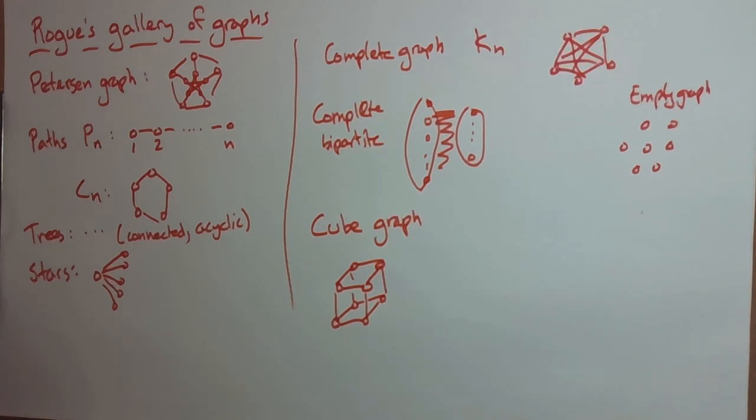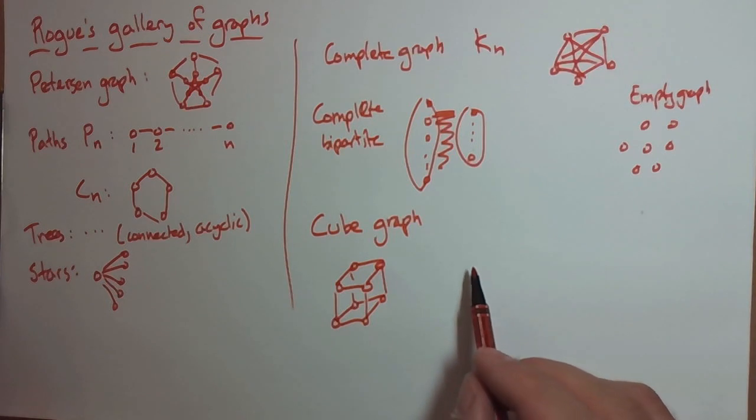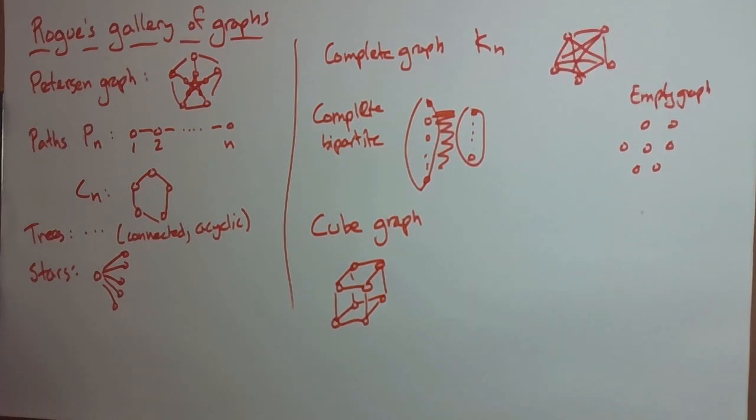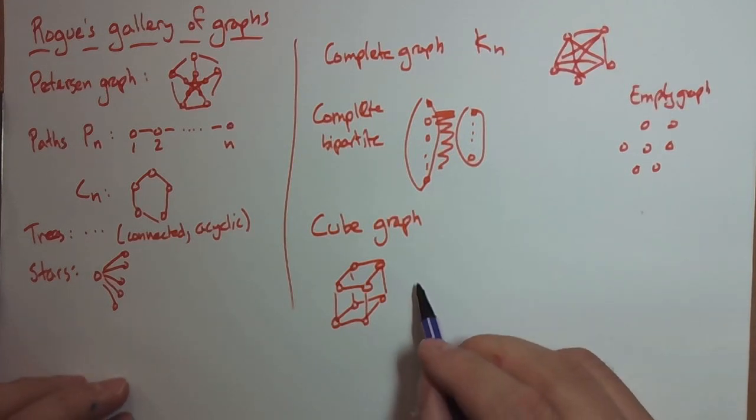It's a very technical term about when you can put something inside a hyperdimensional cube. So the cube graph is literally not just this graph on 8 vertices. There are many other graphs of all dimensions that you could draw, and we'll get into a formal definition of a cube graph.